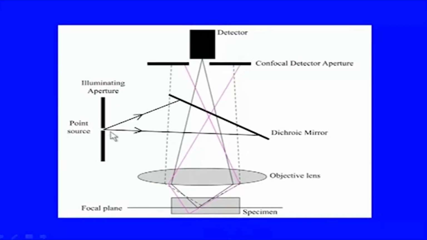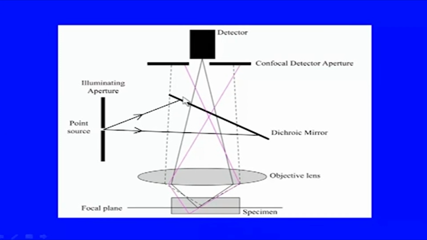Let us see the schematic of the optics of a confocal microscope. If you can see here, there is an illuminating aperture through which the lasers are pointed at the dichroic mirror, that is the beam splitter, as we have seen earlier. Here lasers are required because it requires high intensity and focus.